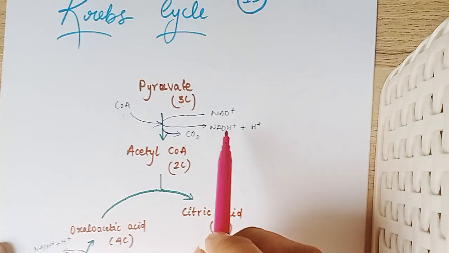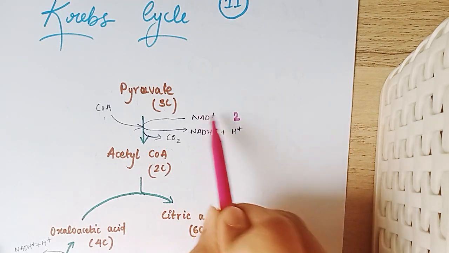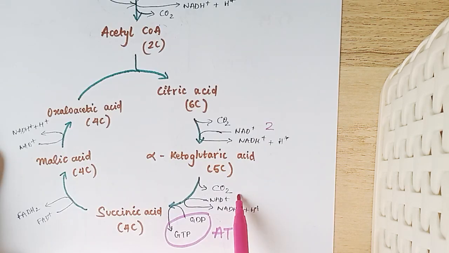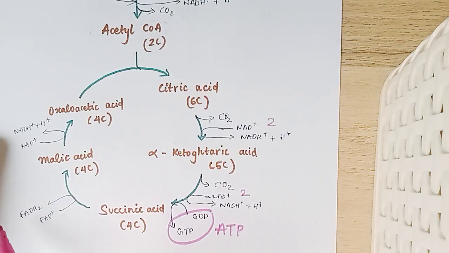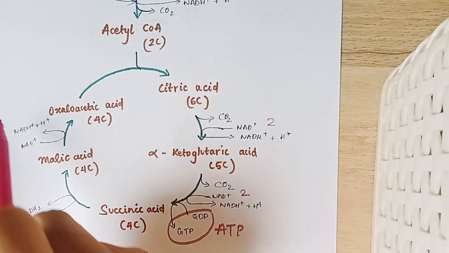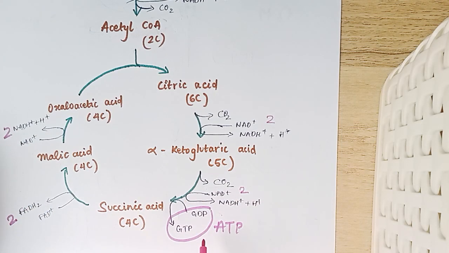And everywhere here we used 2 NAD plus, as well as here 2, here 2, FADH2 also we used 2, and then NADH also we used 2, as well as GDP.